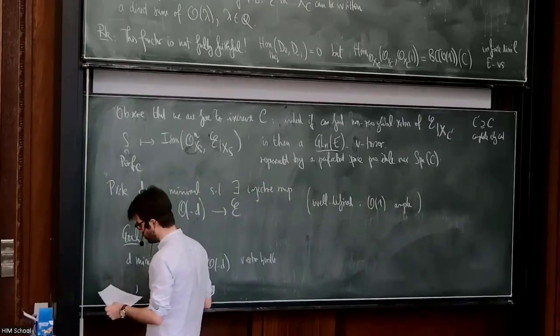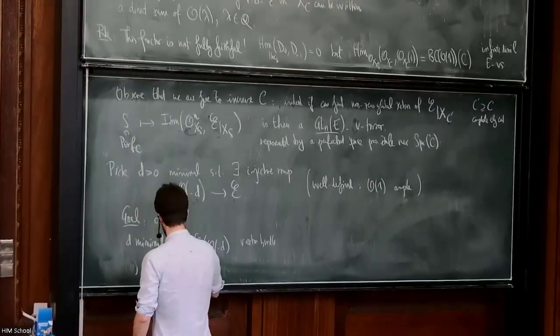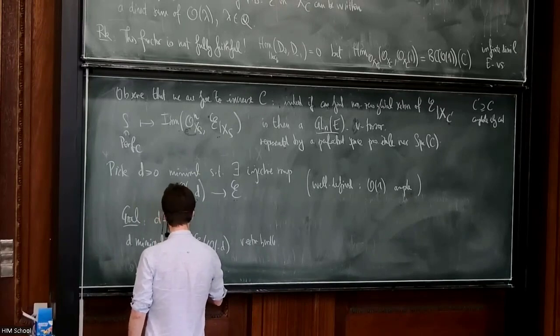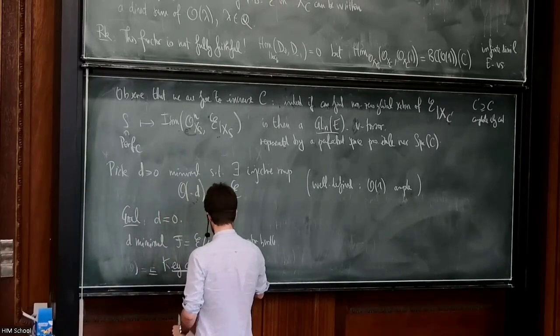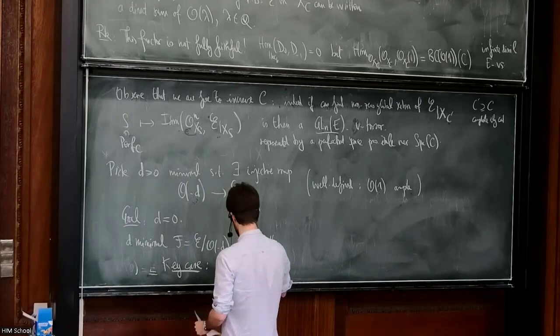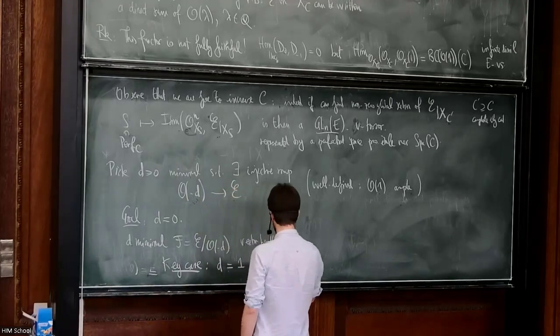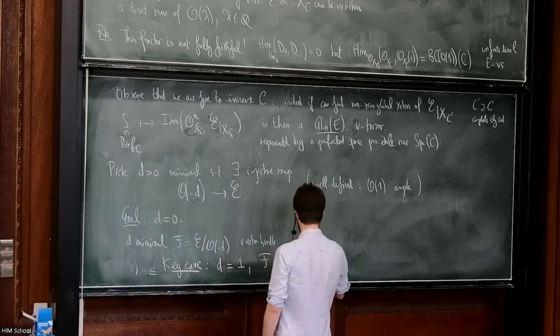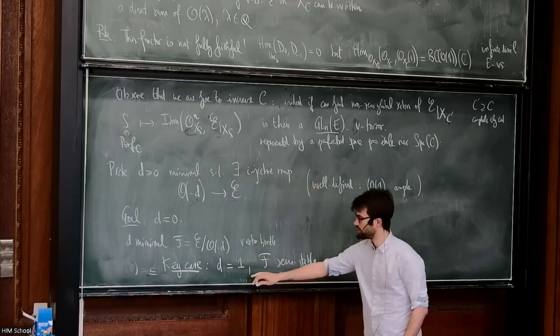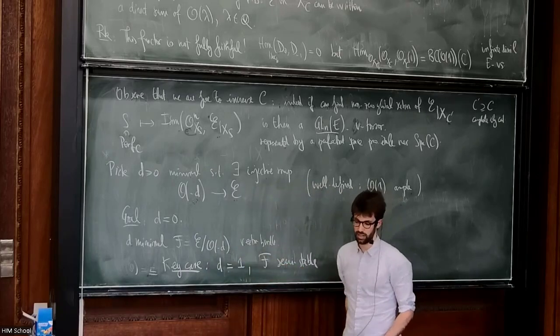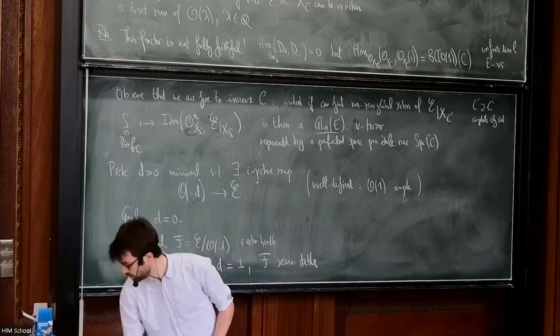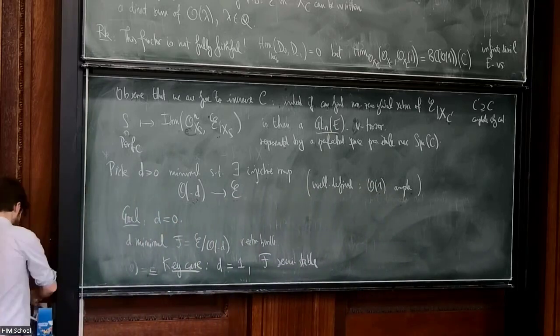And what you can also reduce is, so let me just try the key case to which you reduce, which is a case where D is in fact 1 and F is semi-stable. Both assumptions are not necessarily satisfied, but there is a way to reduce to these two conditions.